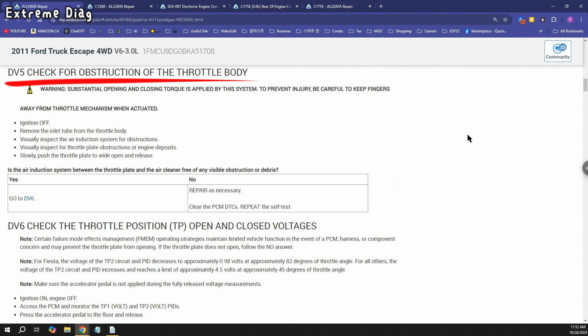DV5 instructs to check for obstructions in the throttle body. Remove the hose and inspect the throttle body mechanism. We did this during the basic inspection, right? The answer is yes, so proceed to DV6.